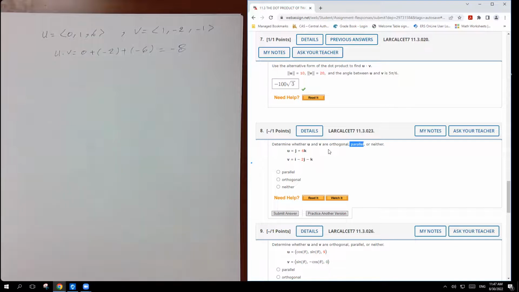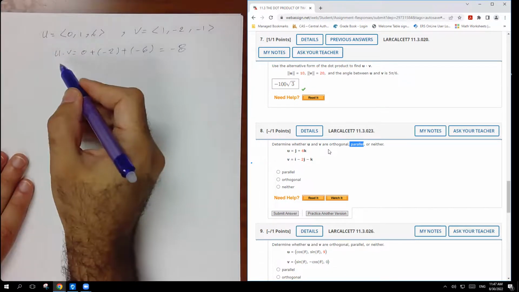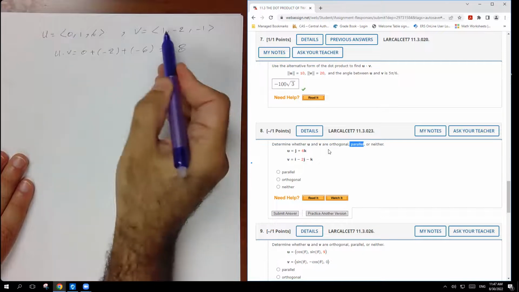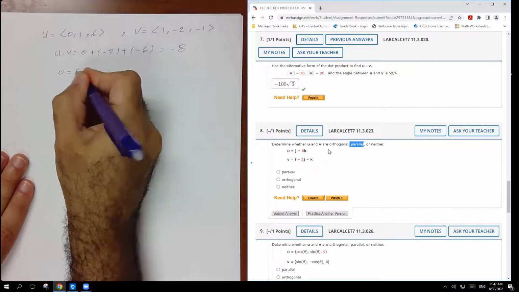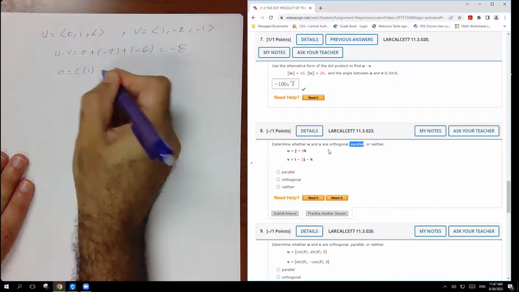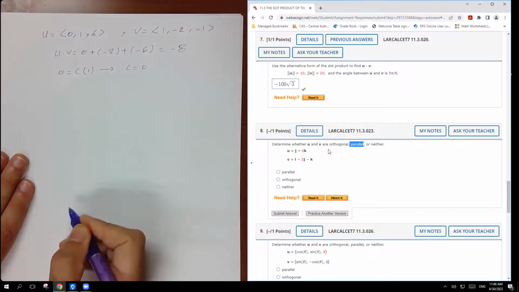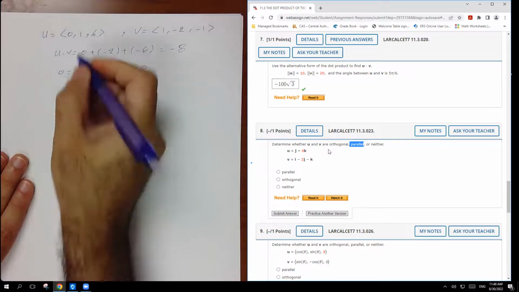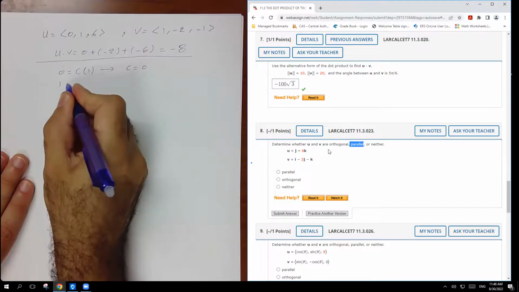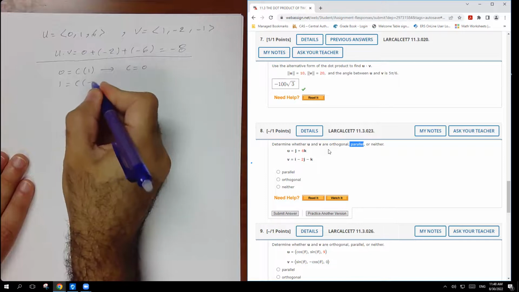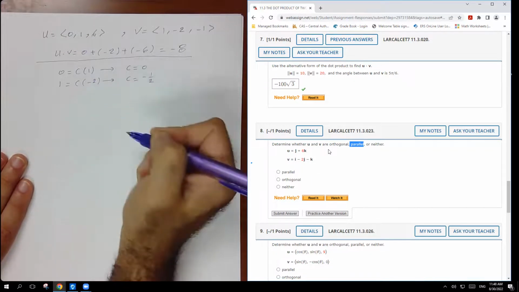Let's check the parallel. 0 equals C times 1, which means C is going to be 0. The second one, 1 equals C times -2, which means C is going to be -1/2.